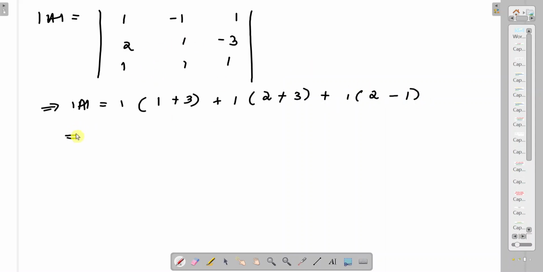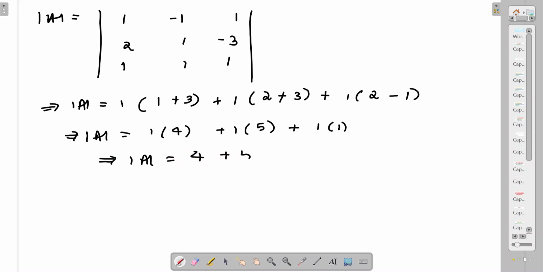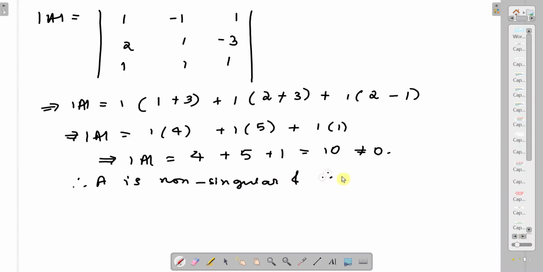So this will imply determinant of A is 4 plus 5 plus 1, which is 10, right? And 10 is not equal to 0, therefore A is non-singular, and therefore A inverse exists.